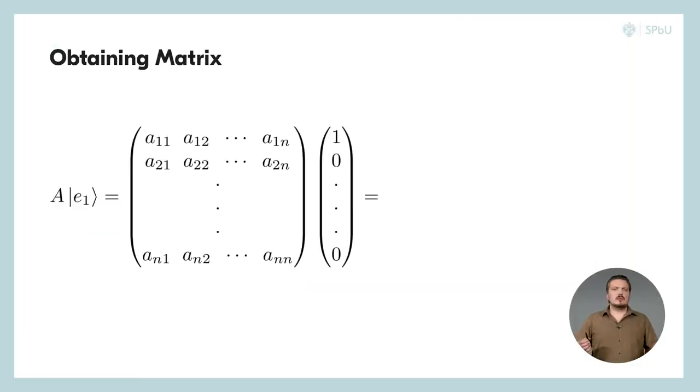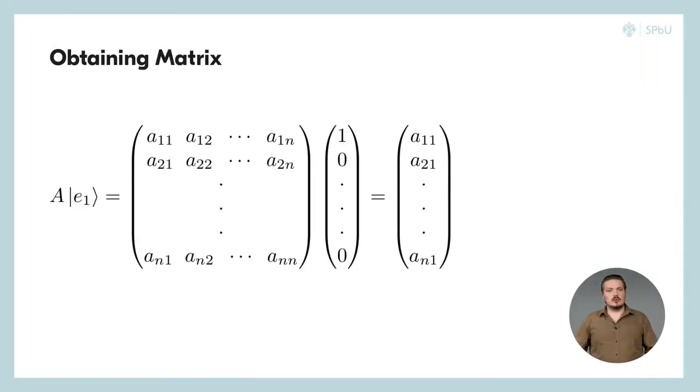Good. Now let's consider some linear operator A with its matrix representation. And we are going to apply this operator to the first basis vector of the orthonormal basis, that with single 1 as the first component and with all other components being zeros. What are we going to obtain as the result of this operation?